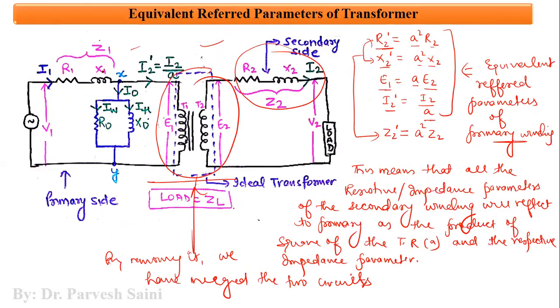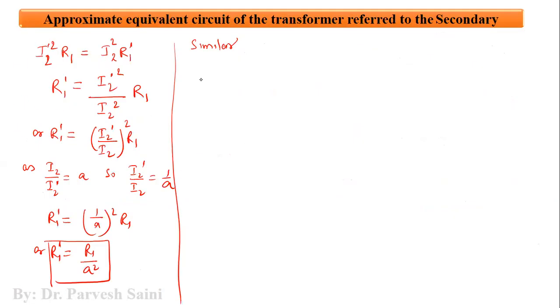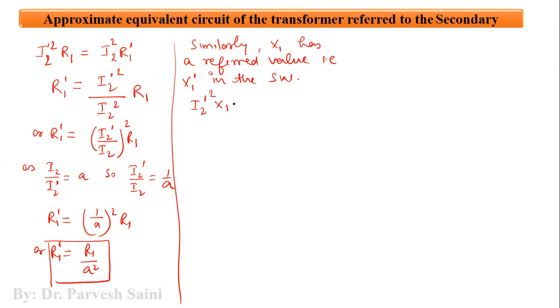Now similarly, this X1 will produce some effect in the secondary winding, right? So this X1 has a referred value, that is X1 dash in the secondary winding. So we can say that I2 dash square into X1 is equal to I2 square into X1 dash, right? These two effects will be the same. So from here we can find X1 dash, which is equal to X1 by A square.